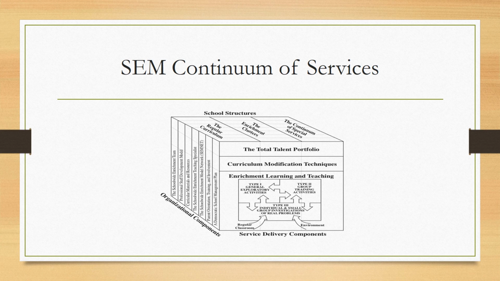So we won't get into all of these because you're probably going to study that when you take curriculum. But the point here that I want you to understand is that Renzulli's definition matches how they're identified, and this matches the services. So it's a kind of one-stop shopping for this model.